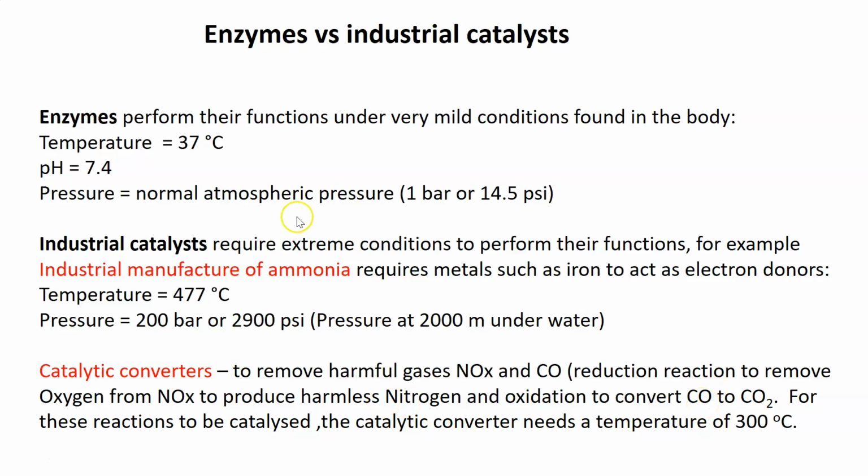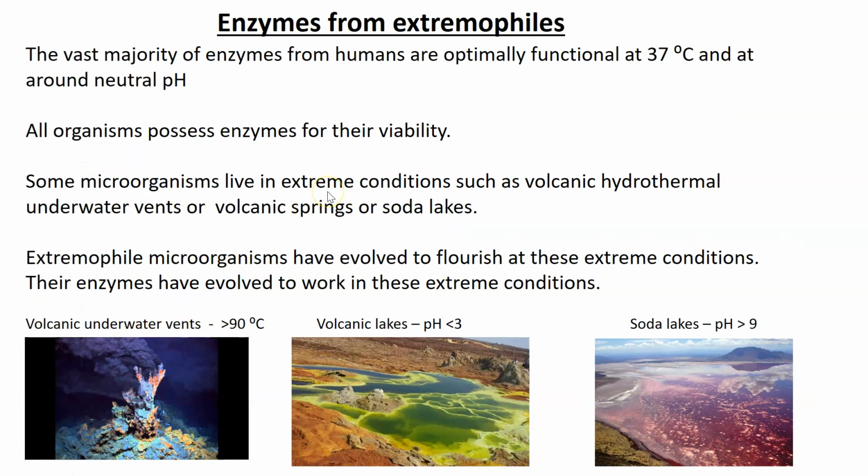Okay, so back to the point. Enzymes perform catalysis under very mild conditions. Although we as human beings have enzymes which work in mild conditions, 37 degrees Celsius and around neutral pH, 7.35 to 7.45, enzymes are very versatile, and there's all kinds of organisms which grow in extreme conditions.